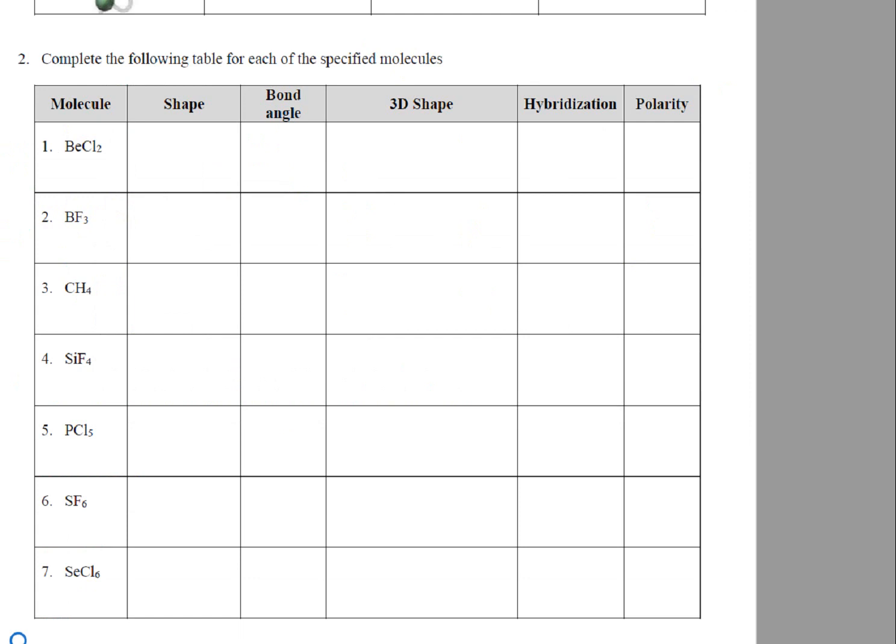Beryllium is in group 2, so we draw Be as the central atom, and 2 Cl atoms on either side. No lone pair, because it has only 2 electrons in the outer shell. The bond angle will be 180. The molecule will be linear.